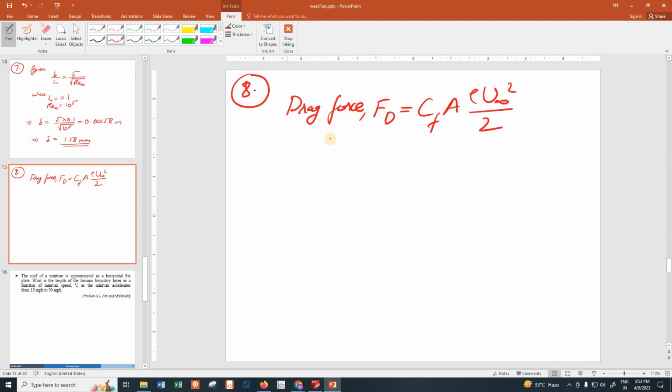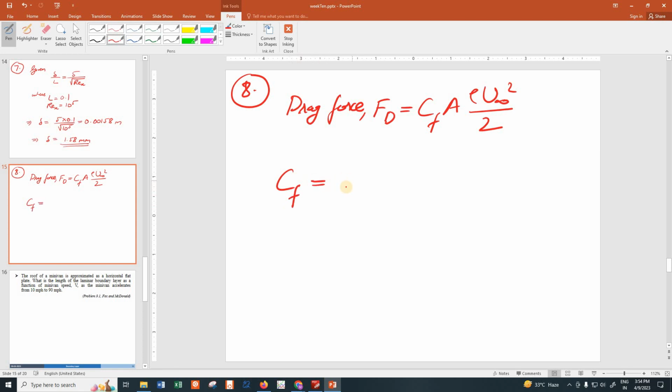We have been given u infinity, the density, and the area. So the only thing we need to get is the skin friction coefficient.